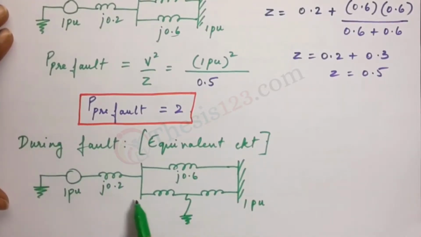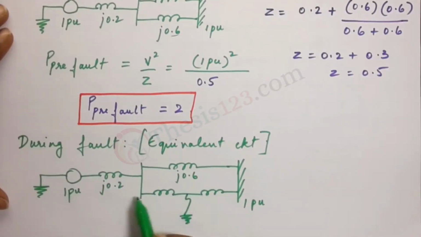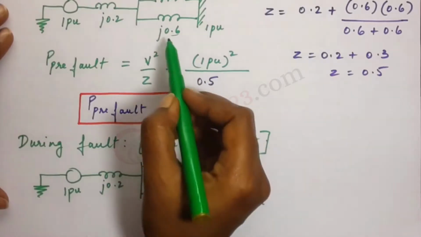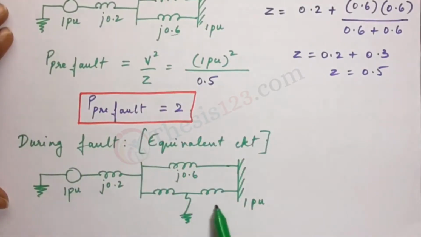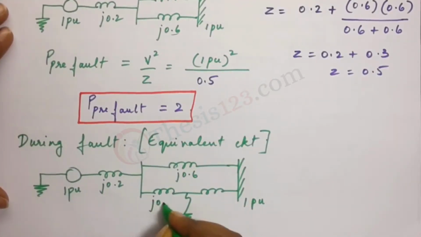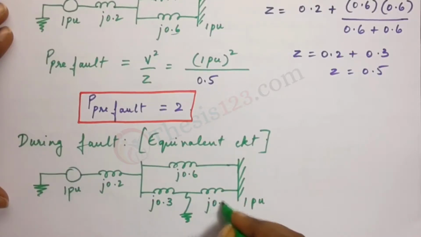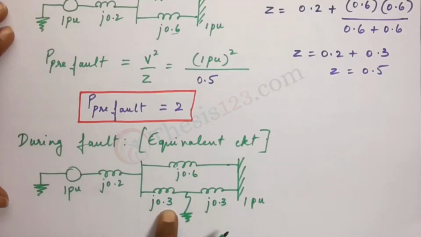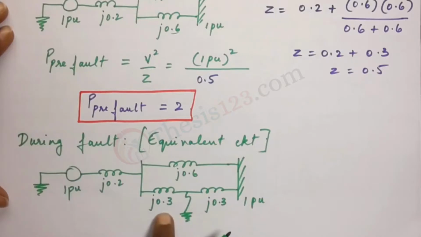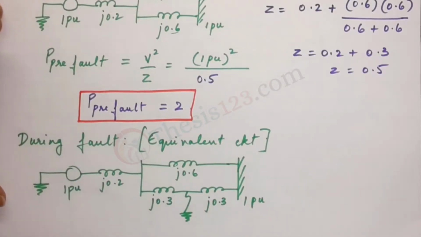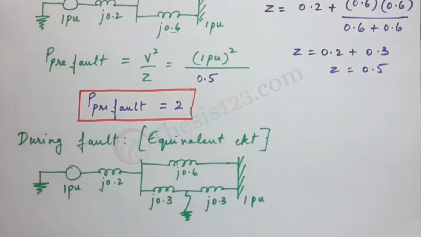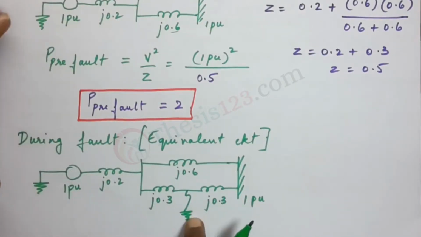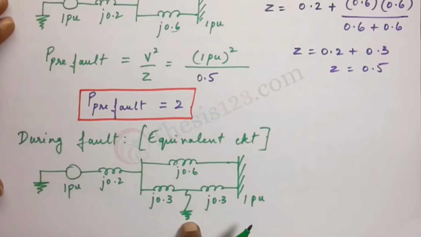The fault has occurred somewhere in the middle of the second line, so I have split this impedance into two parts. Here we have 0.3 and here we have 0.3. You can consider it as 0.2 and 0.4 if you like, or 0.25 and 0.35, any way that adds up to 0.6. But make sure that it is not too much of a difference, because the question says that it happens somewhere in the middle.